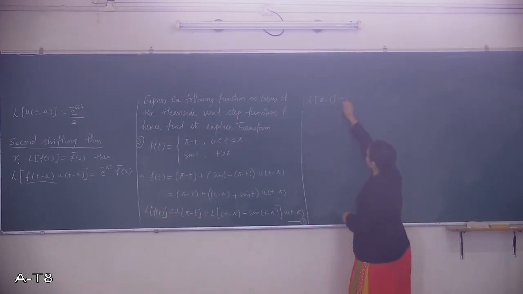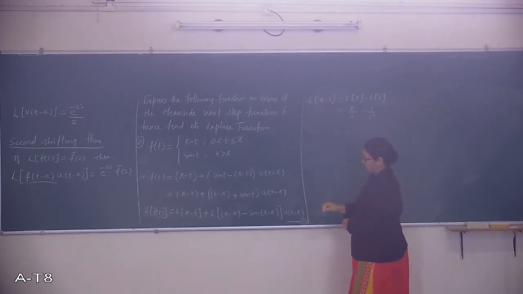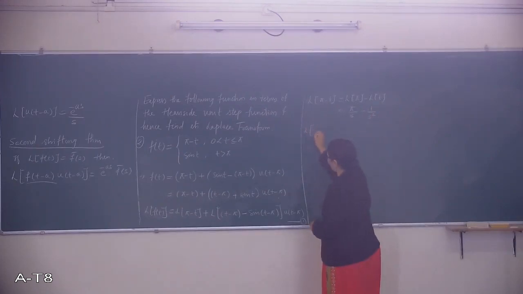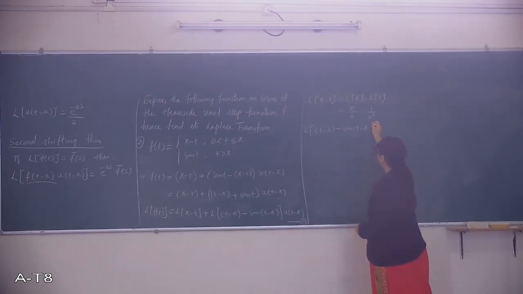This will be the Laplace transform of pi minus the Laplace transform of t, so it will be pi by s minus 1 upon s square. Next we have the Laplace transform of t minus pi minus sine of t minus pi, into u of t minus pi.